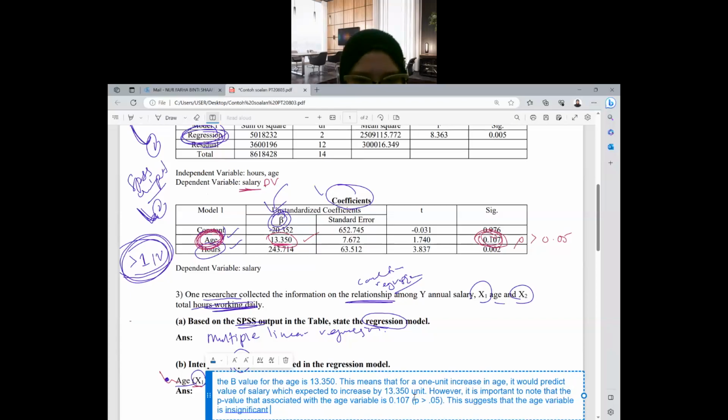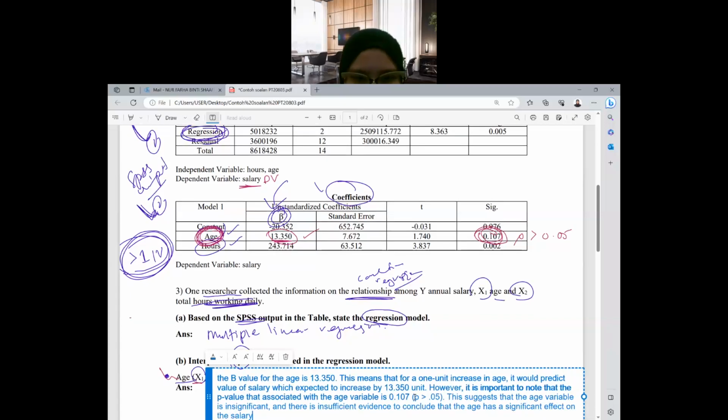There is insufficient evidence to conclude that the H has a significant effect on the salary.